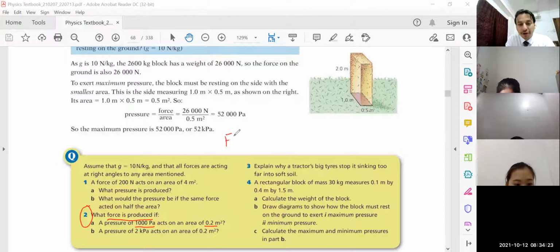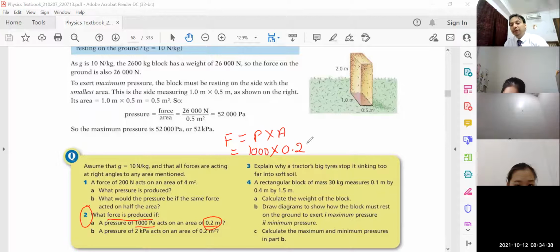Force is given by P into area. How much is the pressure? They said 1000. What is the area of cross section given, children? 0.2. You multiply 1000 with 0.2 and you will get the answer. That answer will be in Newton. You do the calculation by yourself.